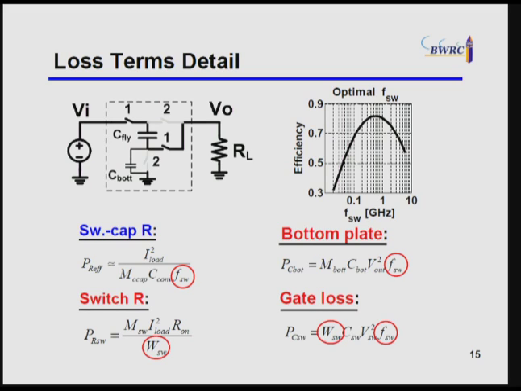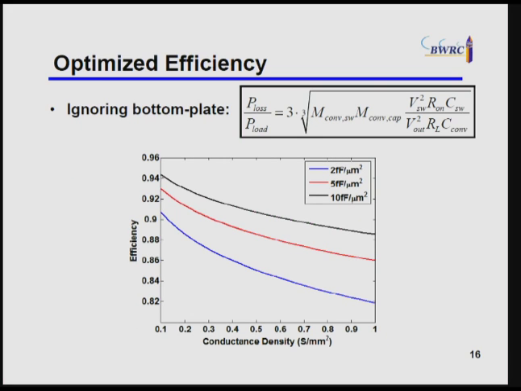The only reason I'm doing that for now is to point out what one of the limits will be in terms of the achievable efficiency of the converter. Okay? So if we do that, you get this expression that shows up here. I'll point out a couple of things about that expression in one more second. But the first thing to notice is that all these efficiency numbers are pretty high. And in fact, they're not with anything too exotic in terms of the capacitance densities.